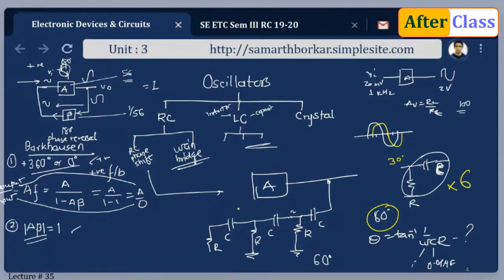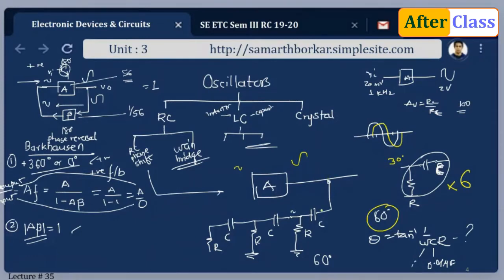Here this is a normal common emitter amplifier, a single stage amplifier which is properly biased to work in the active region and to give distortionless, faithful amplification. If this is the input, the output is amplified in the opposite direction.